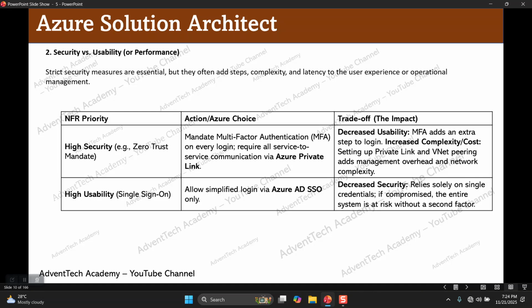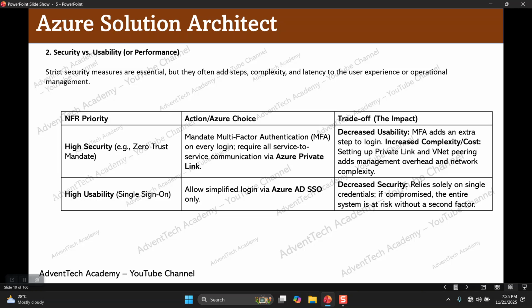If you want to implement the zero trust framework for all the digital assets, for that we have to enable multi-factor authentication for all the users, and it will require service-to-service communication via Azure Private Link. So these are some of the factors to implement the zero trust framework to secure the cloud workloads.